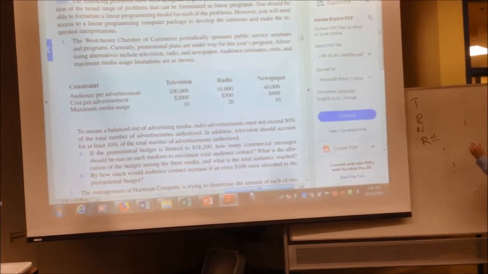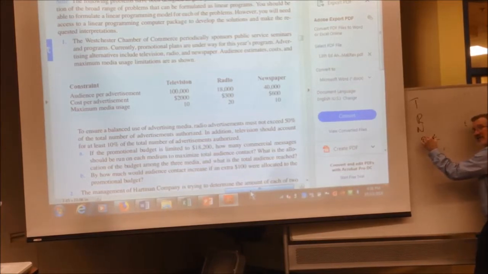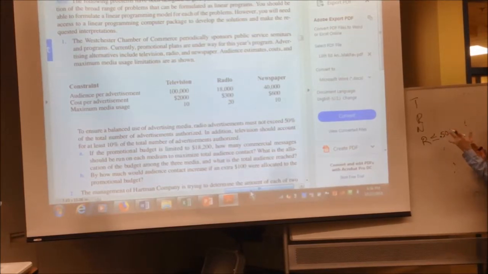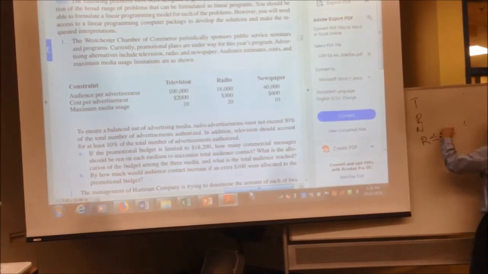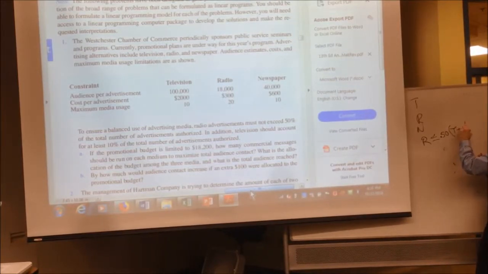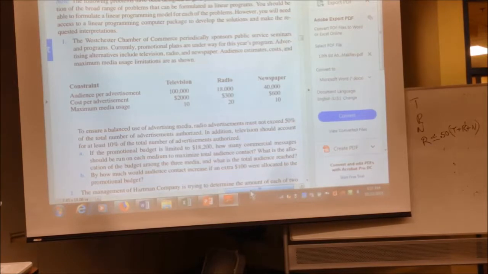You ready? Radio ads cannot exceed 50%, 0.50 I'm putting, of times all the ads, which are going to be the number of television, plus the number of radio, plus the number of newspaper represents all the ads. That's how it reads. That's how I wrote it out.